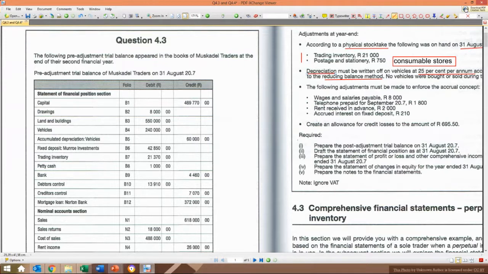What amount do I use? Okay, guys, I'm repeating the question. If we calculate depreciation on the reducing balance method, what value do I use?